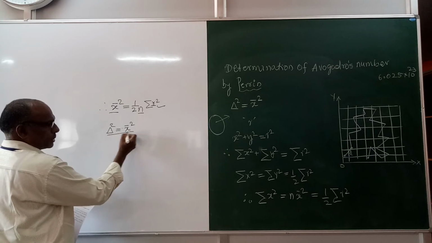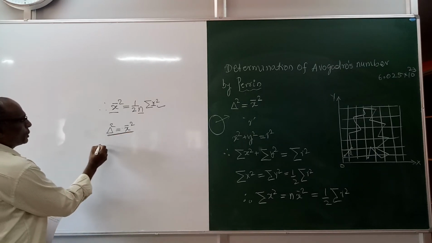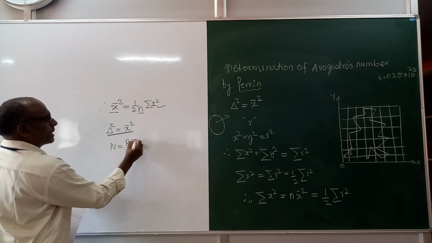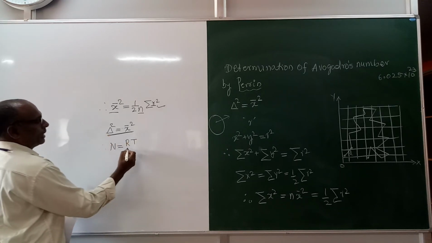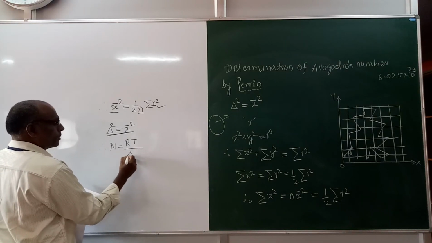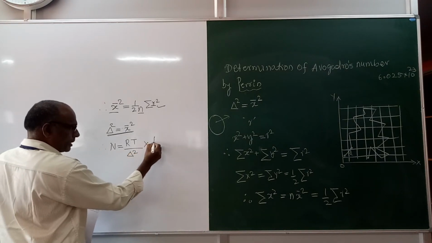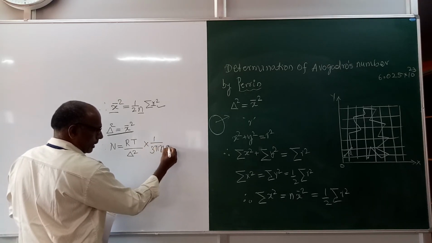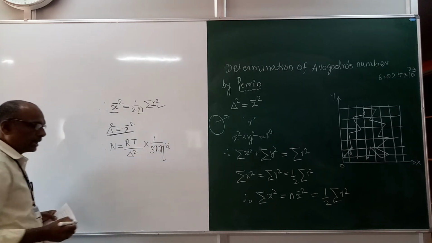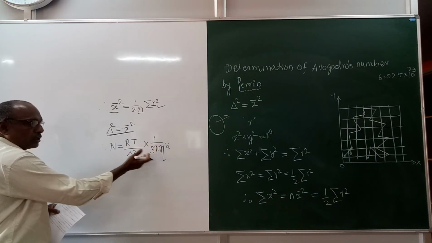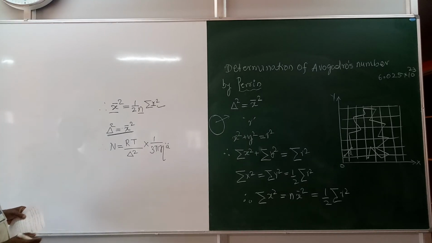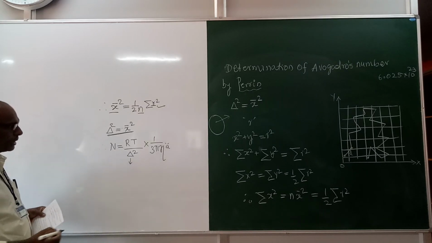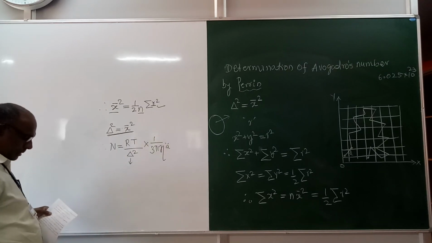He found it experimentally, and then substituted it in the relation N is equal to RT over 3 pi eta A delta square, where the temperature T is kept constant. The other parameters are constant: A is the radius of the particle, eta is the coefficient of viscosity of the liquid, and R is the gas constant. He determined this, that is delta square is equal to x bar square.